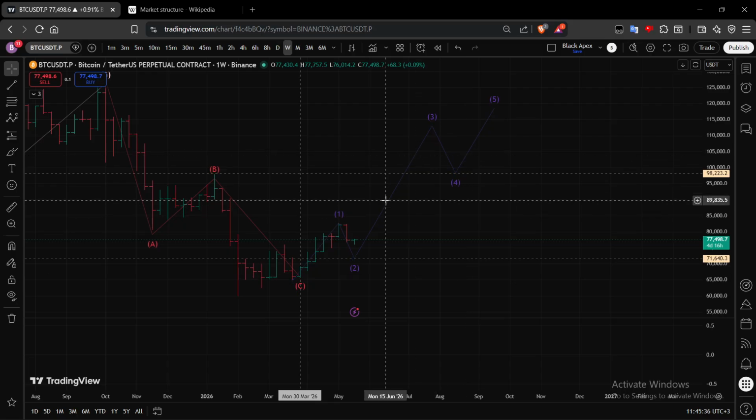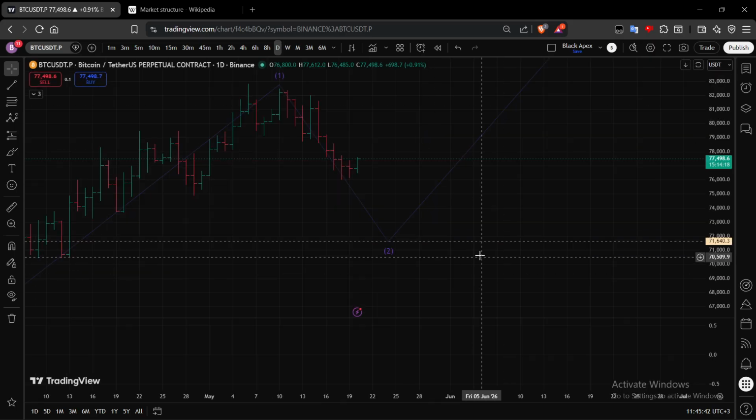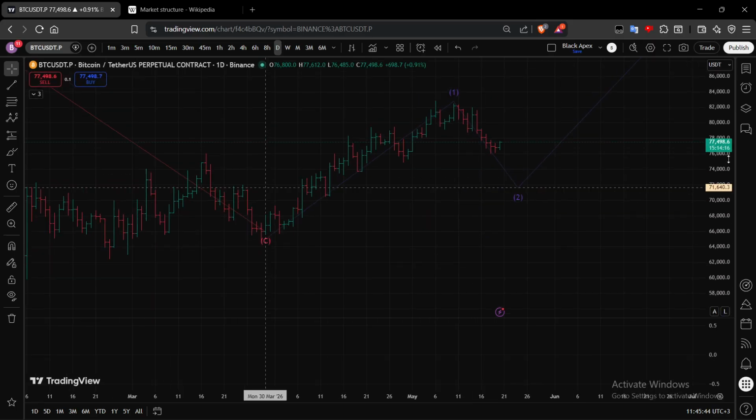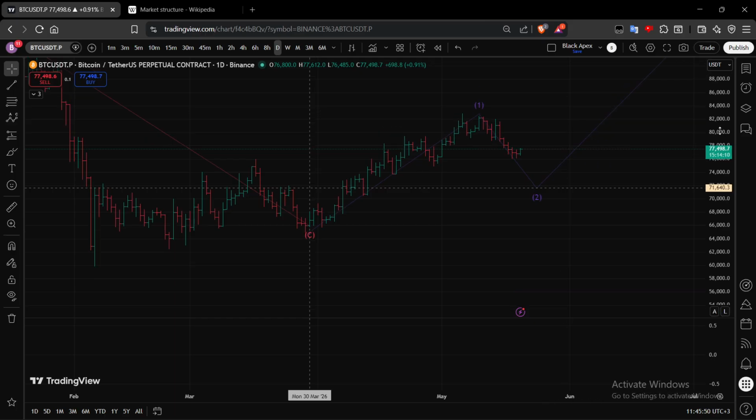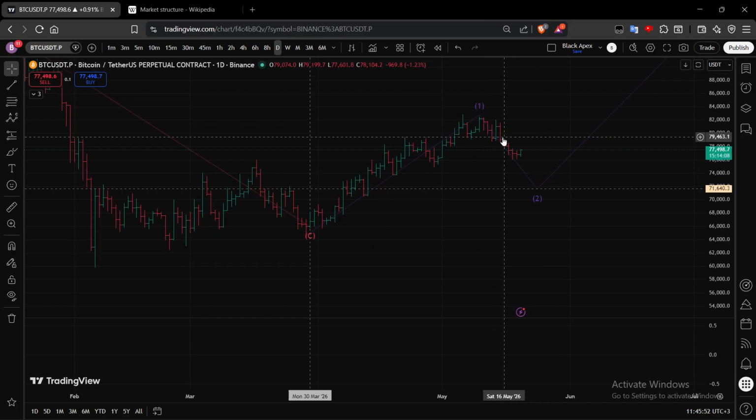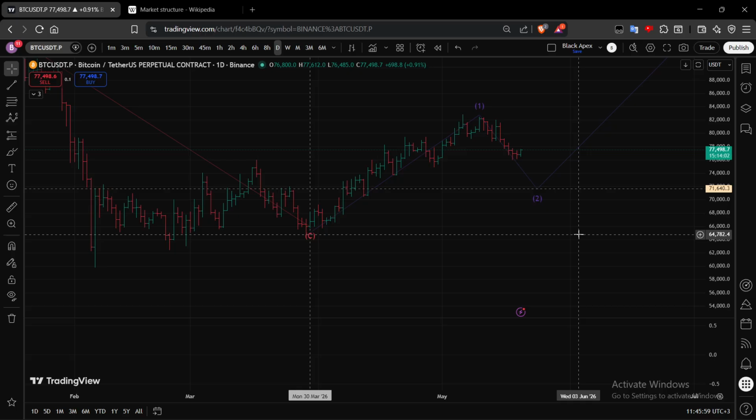We know at the moment that we are not supposed to be trading because we're in some sort of wave two, some sort of correction. Our main idea at the moment in this Bitcoin is to ensure that this wave two never goes below what we believe is a wave one.